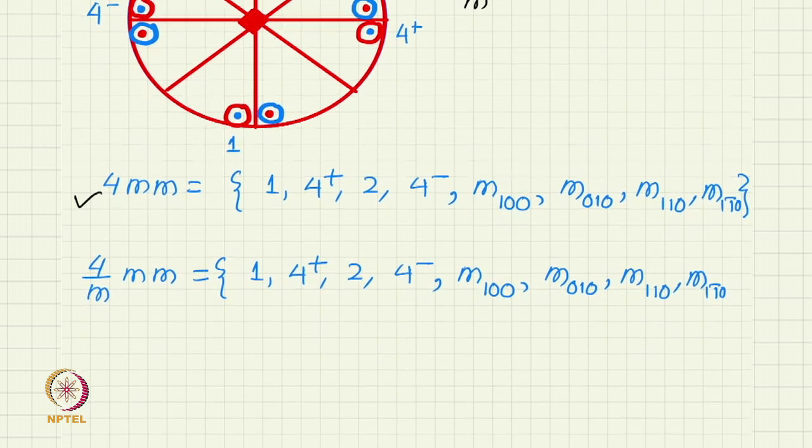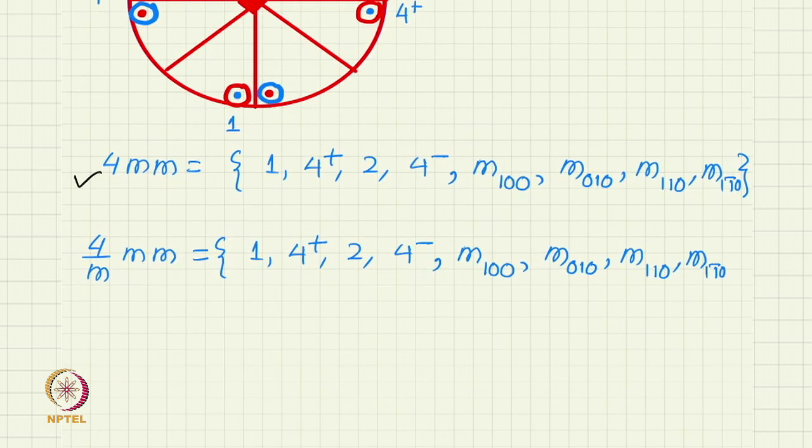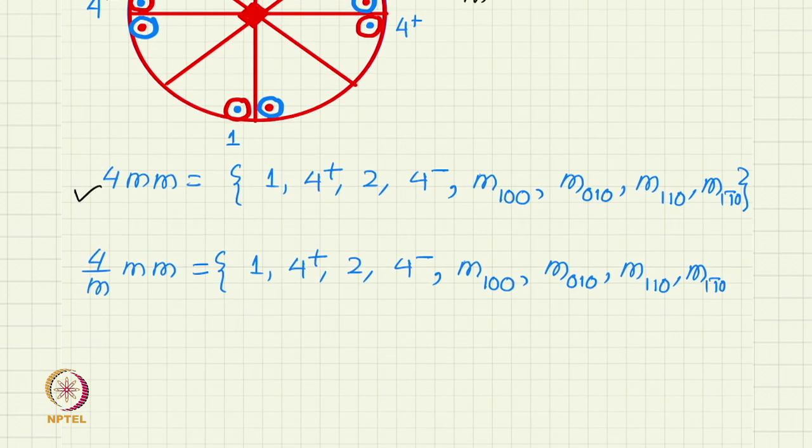But now I have to add new operations to it, 8 more new operations to get my group to order 16 to represent 4 by mm. We have already seen that I have added a horizontal mirror, so that is M001. So that's one of the new operations.